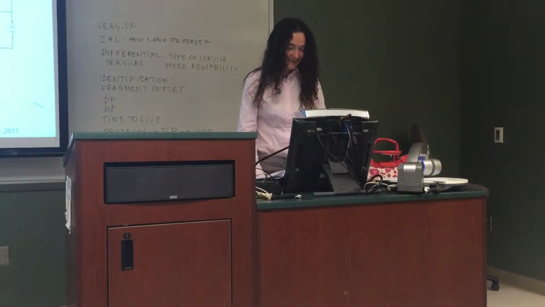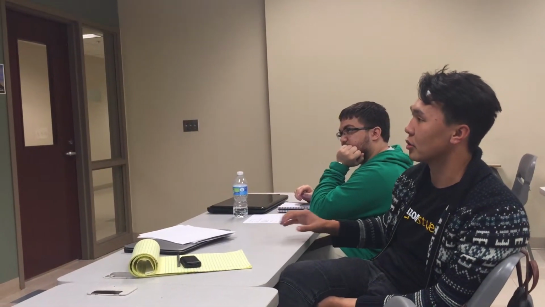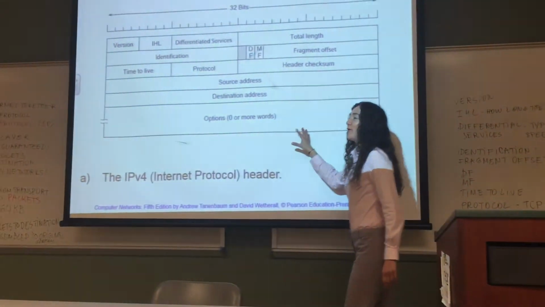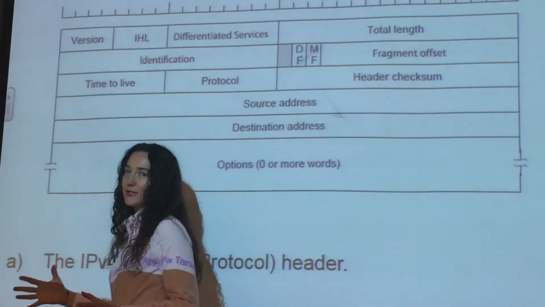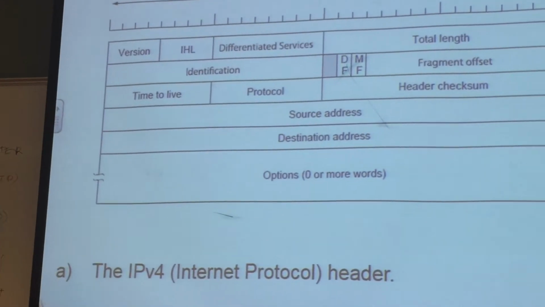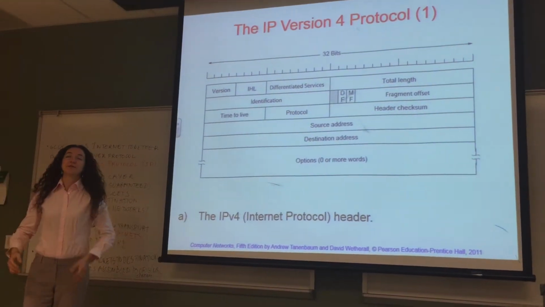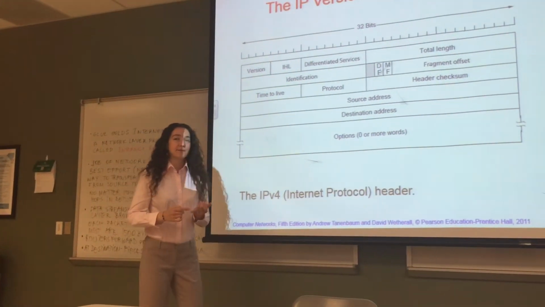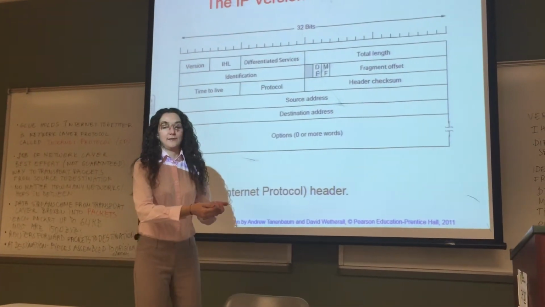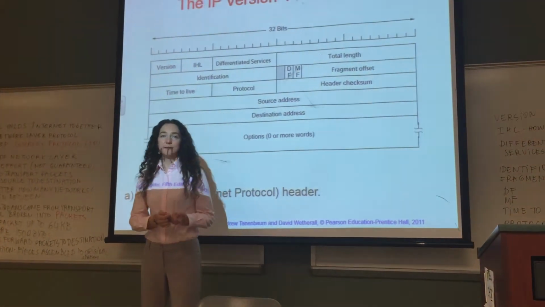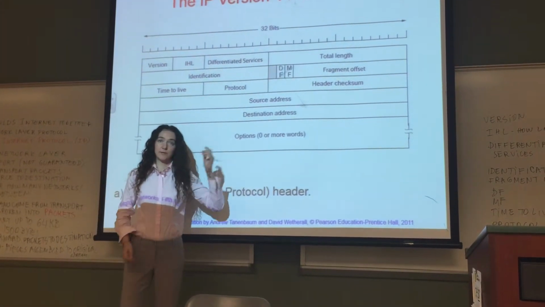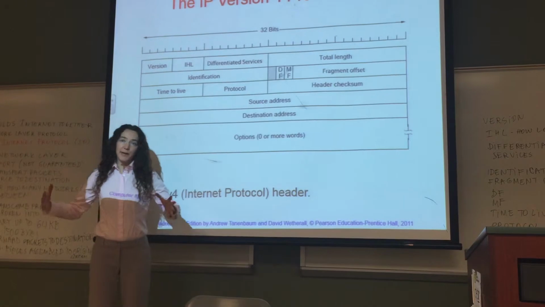So what about the destination address? How do we figure out the destination address when we send packets from source to destination? This is like the label on your post office package. Think about sending a package in the mail. You attach a label to it that says this is the address of the sender, the person who sent it, and this is the address of the receiver, the person that's supposed to receive this package.